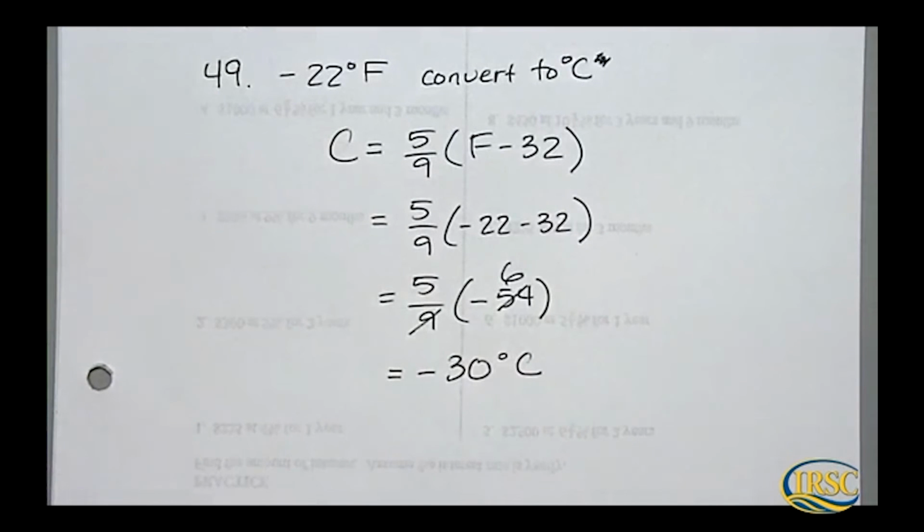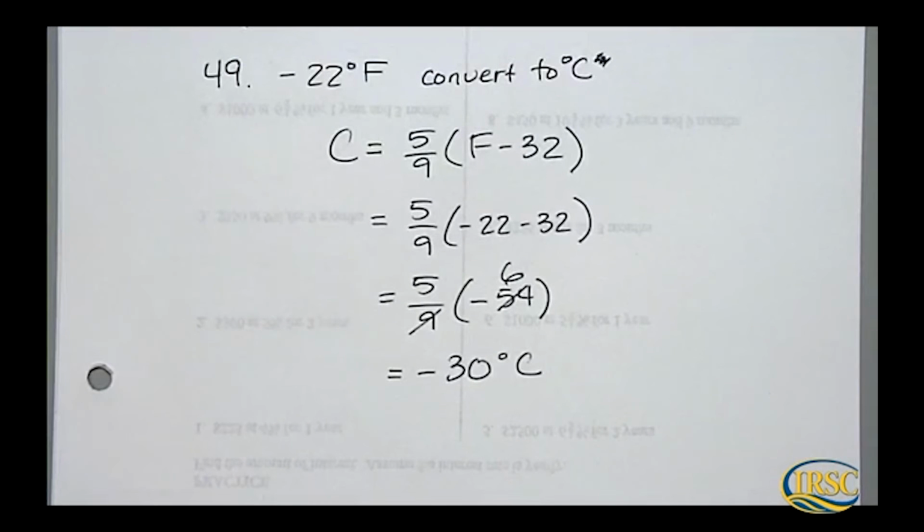It's the same answer. You could do 5 divided by 9 and then times negative 54. If you're using your calculator to do all of it, your calculator's not always that smart. It doesn't always know order of operations, so you have to do the process of order of operations in your calculator.